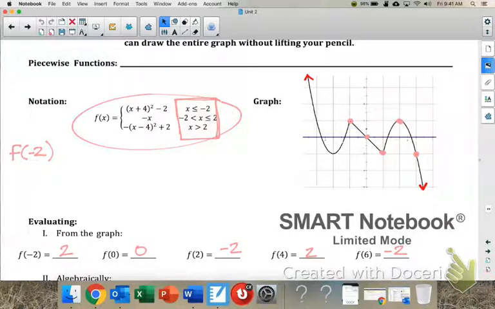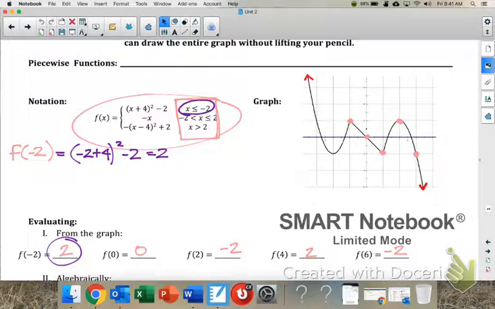So my first question to myself on this one is, what does negative 2 fit into? Well, because this symbol tells me x is less than or equal to negative 2, I'm going to use that first equation to plug in negative 2. When I plug in negative 2 right there, I have 2 squared minus 2 gives me 2, which is the exact same answer I got here.